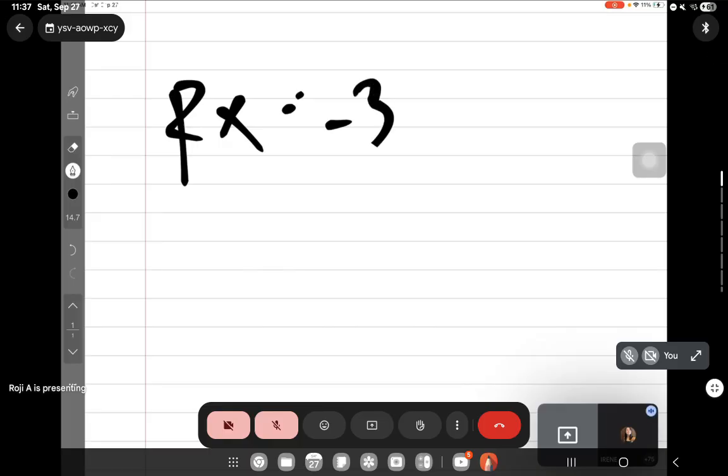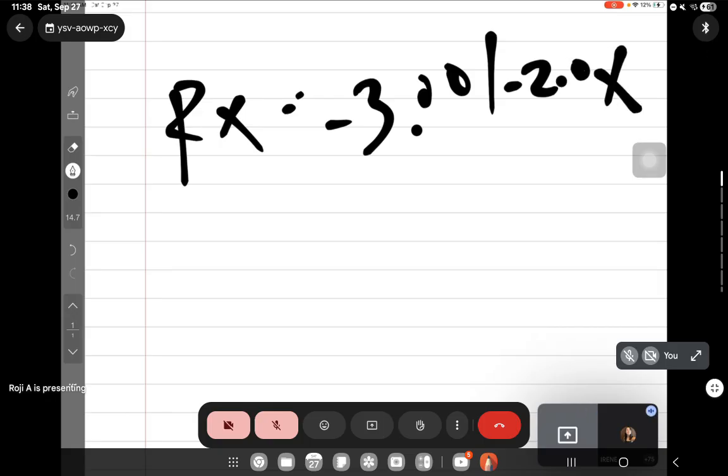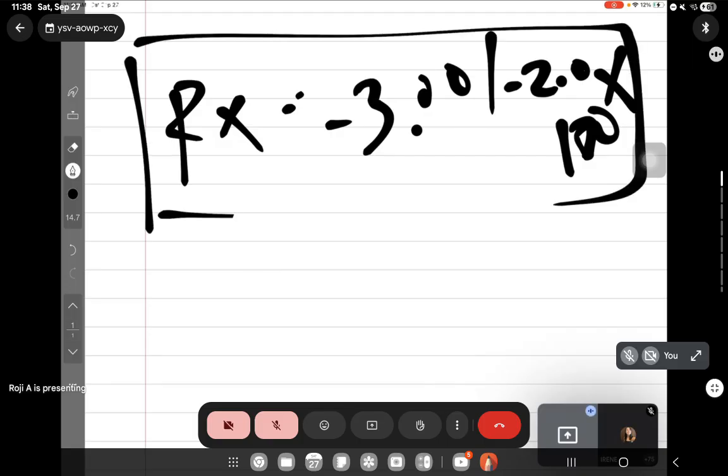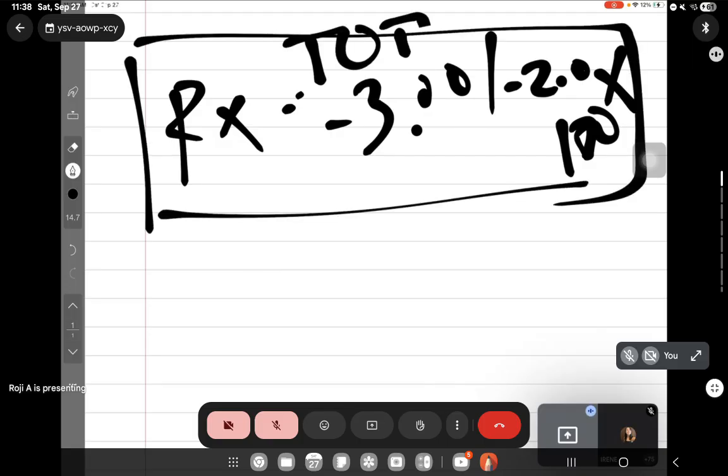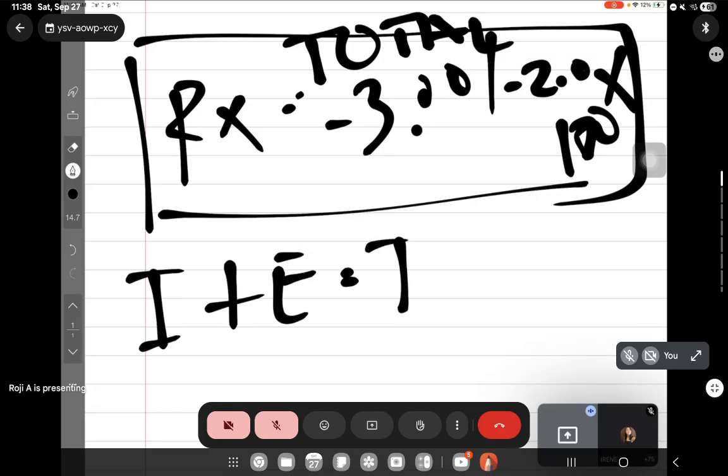Minus 3 combined with minus 2, axis 180. By this alone, I have my total. This is the total astigmatism. Remember the formula? I plus E equals T. Correct?